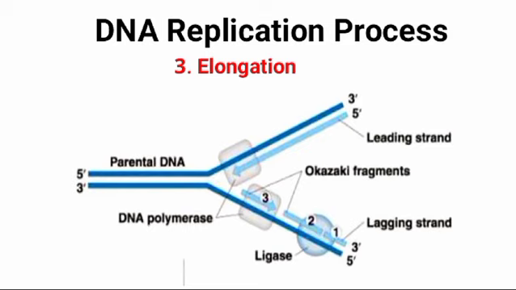Because replication proceeds in the 5' to 3' direction on the leading strand, the newly formed strand is continuous. The lagging strand begins replication by binding with multiple primers. Each primer is only several bases apart.